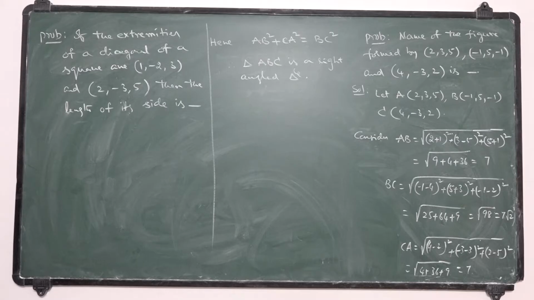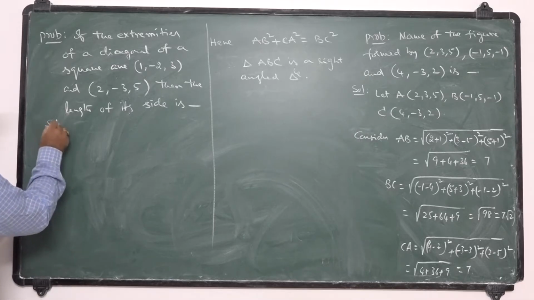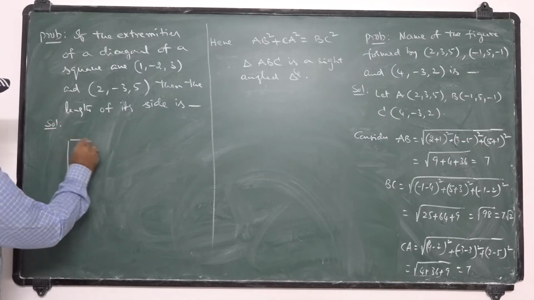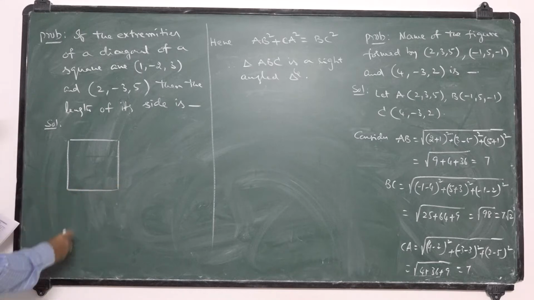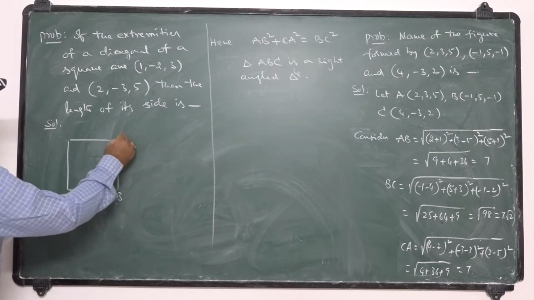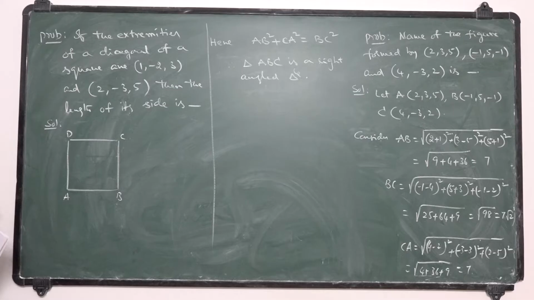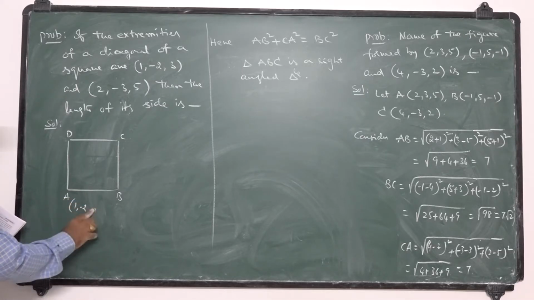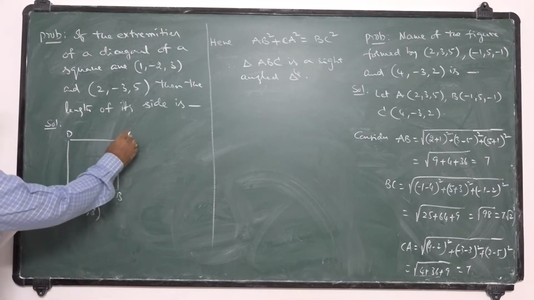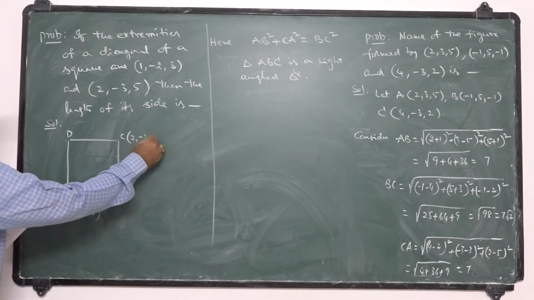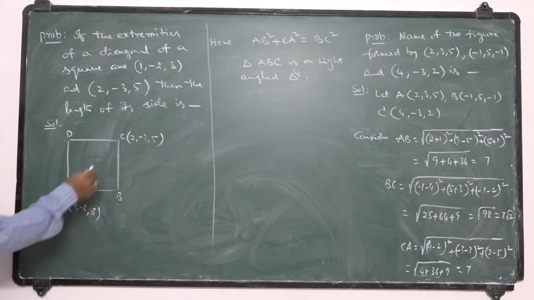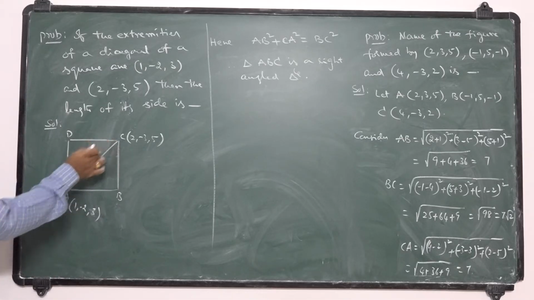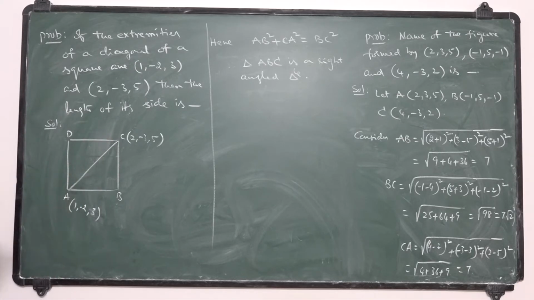if the extremities of the diagonal of a square are given, then the side length, this is very easy. Let us suppose A, B, C, D are the vertices of a square. A is 1, minus 2, 3 and C is 2, minus 3, 5, the extremities of the diagonal.